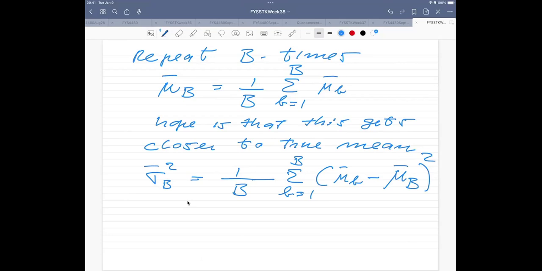And this kind of variance is the one you would like to approach more and more the true value. So in a sense, you're not generating new numbers, but you're just reshuffling the numbers you have. So it's a kind of cheap way. And Efron showed later that this actually approaches the true variance. We are not going to go through the proofs of that. We're just going to state it. You see, this is the algorithm. So let's show how we can implement it, okay?